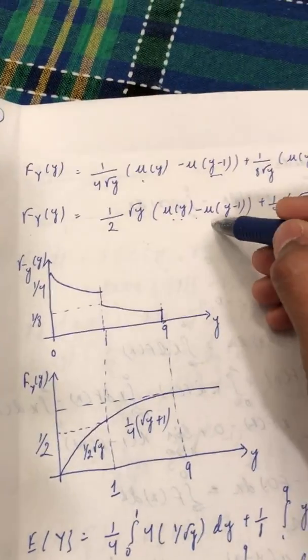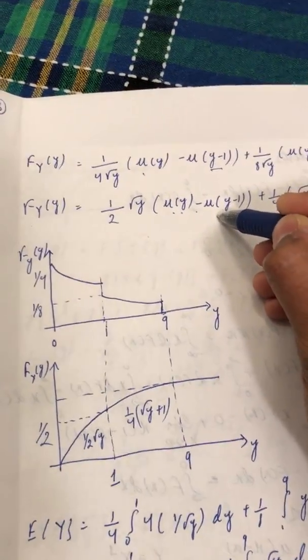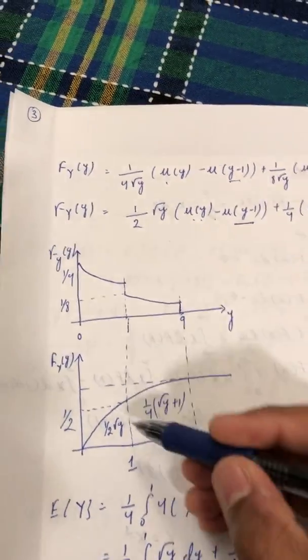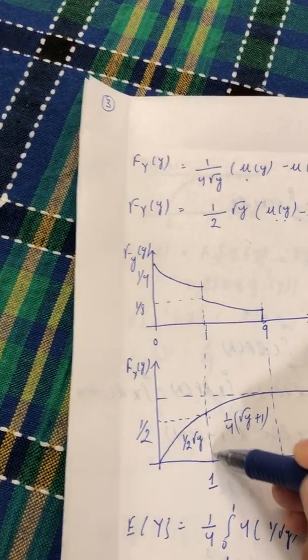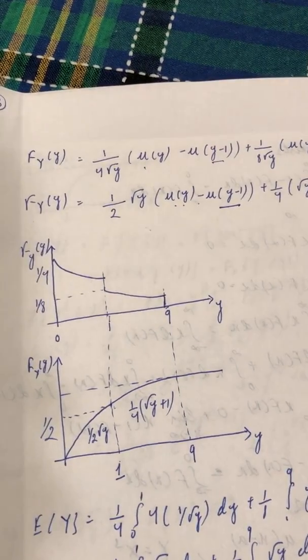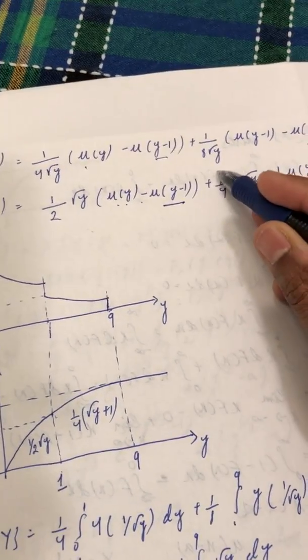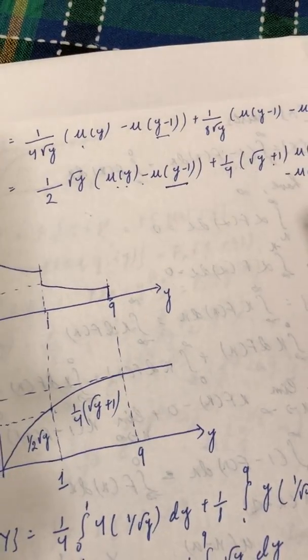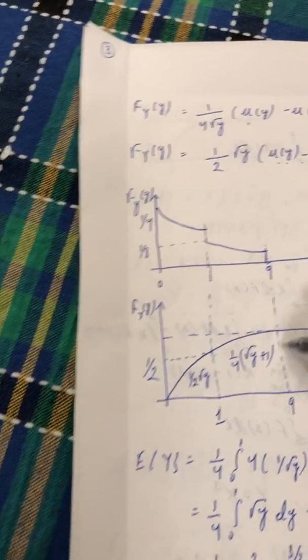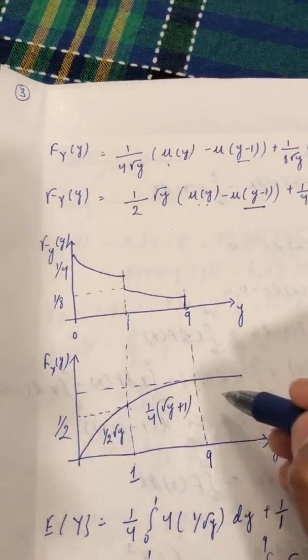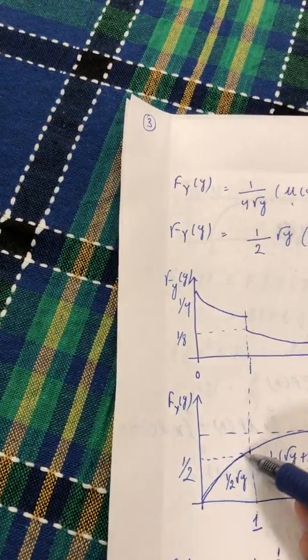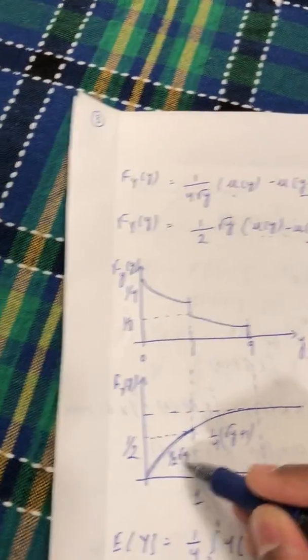It will also have a step function shifted towards the positive side, and the second part, with amplitude 1 by 4, is shifted to 9. So this part of the curve will be 1 by 4 (root y plus 1), and the first part will be 1 by 2 root y.